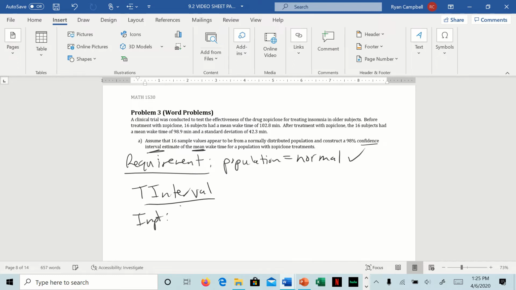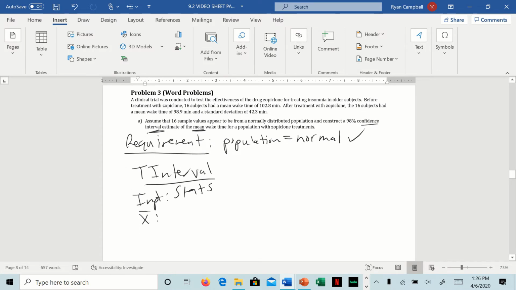So for the input, we have statistics this time. So x bar. Remember that's the mean wake time, but we have 2 means. So which one are we going to use? Hopefully you also saw that it's the mean wake time with the treatment. So we're going to have to use this number, right? This is after the treatment. So 98.9.